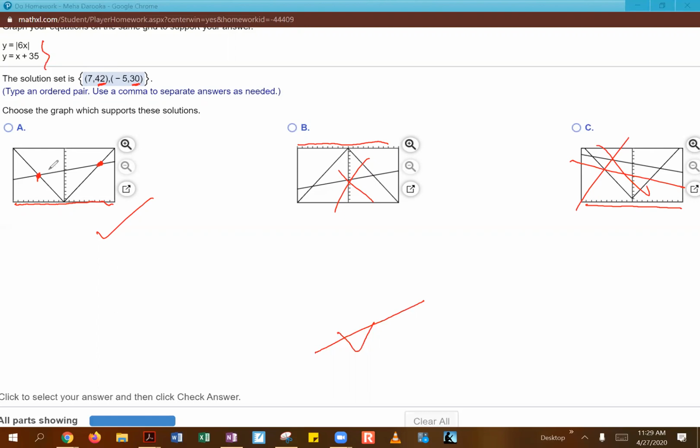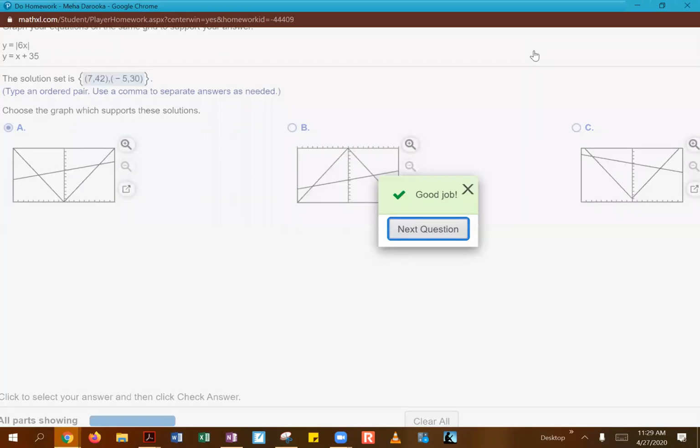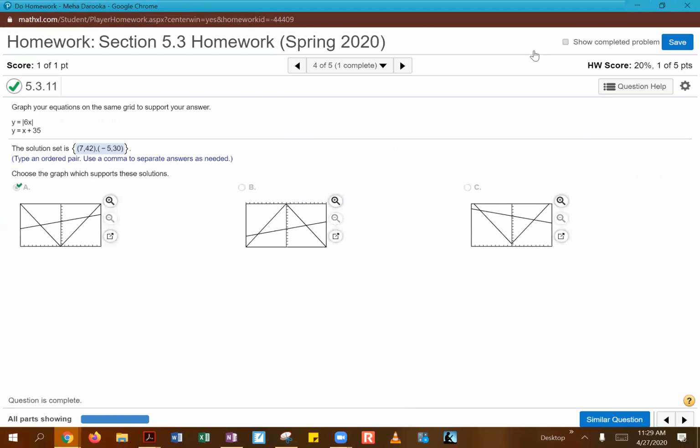And the x value being negative 5, we know this point had to be towards the negative x-axis. So using all of those, you can verify what your graph should be. Let's go ahead and clear all of this out. And we're looking at option A. All righty, very good. Did any of you have a question on this?